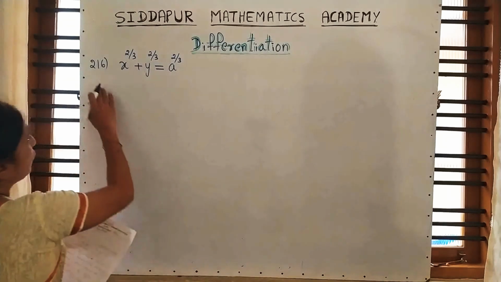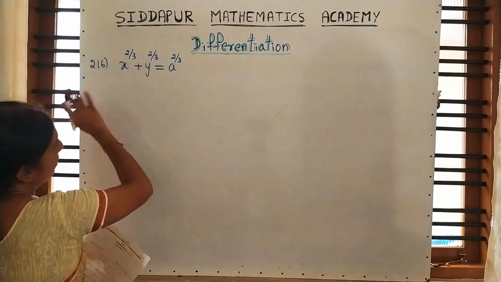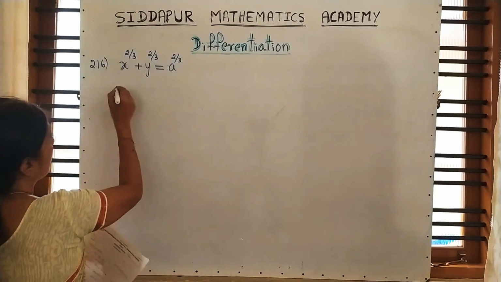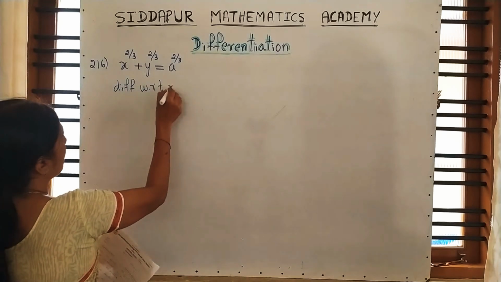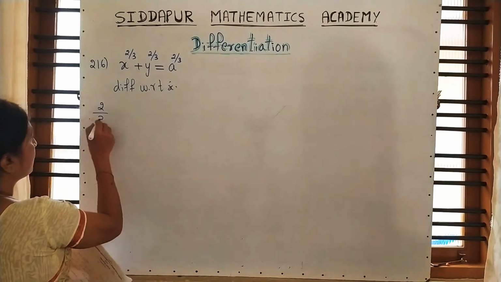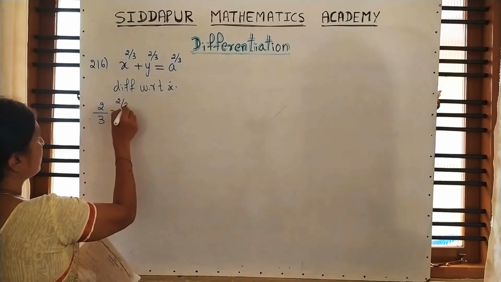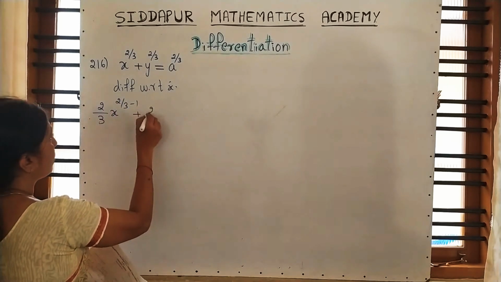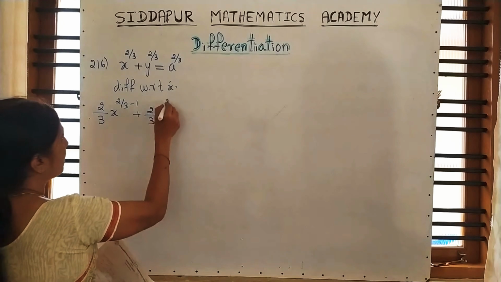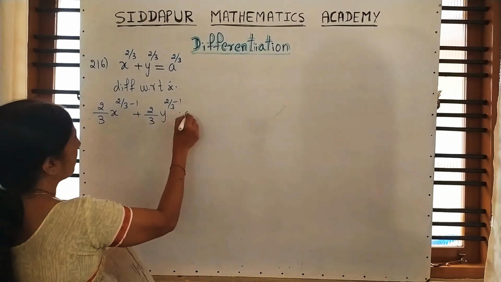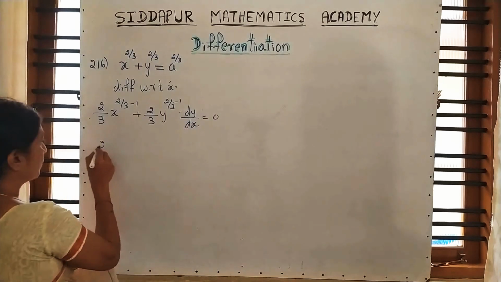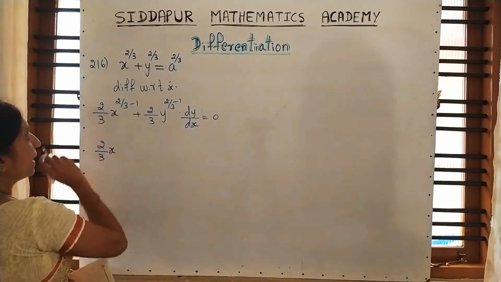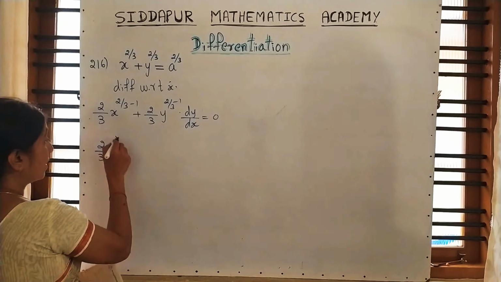See here. Moving to the next question: differentiate, same as usual, with respect to x. First power: 2 by 3 y raised to 2 by 3 minus 1, and the base is dy upon dx, y is equal to 0. 2 by 3 minus 1 is minus 1 by 3.